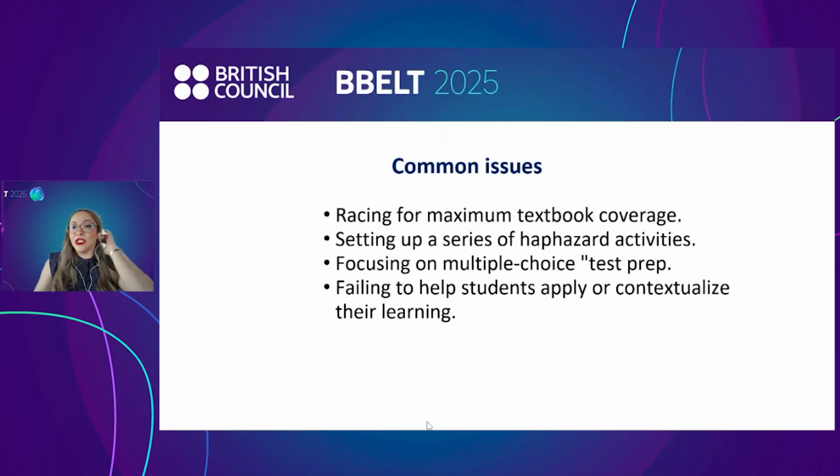Some of the common issues that we see with traditional planning are that we are racing to cover the maximum number of pages, units or lessons that we have in our books. Therefore, we are performing haphazard activities with our students, like fill in this exercise, complete these sentences, memorize these verbs. They have no true meaning for their learning. We are focusing on multiple choice sort of testing, and we fail to help our students actually apply or contextualize the knowledge that they are acquiring through our lessons.